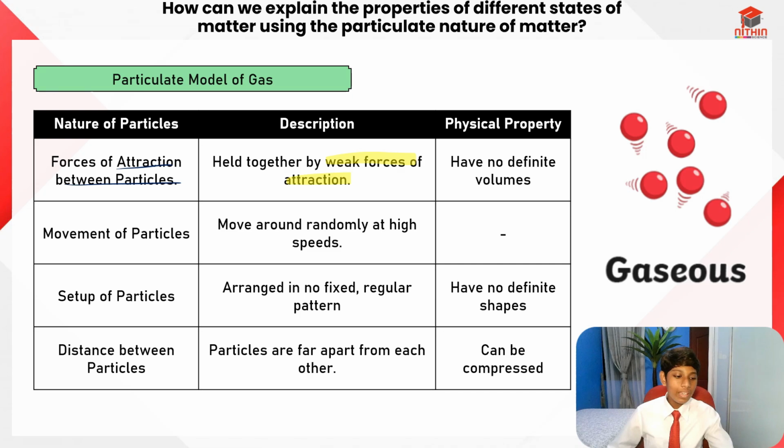As you can see over here, the particles are far apart from one another, right? Let me show you how far apart they are. You can see that it actually takes twice the distance of a liquid. So you see how far apart they are, right?